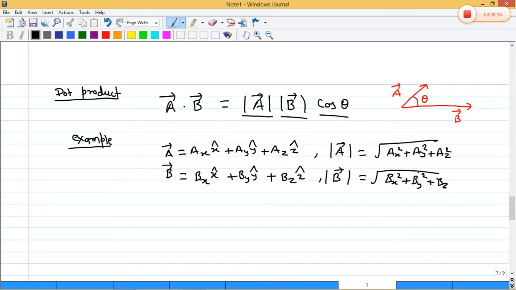plus bz square. Okay. Now we don't know about the angle between them because ax, ay, az, bx, by, bz are all variables. So we don't know about the angle. But we can multiply it, no problem.